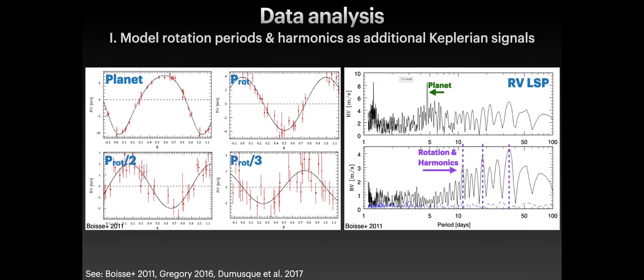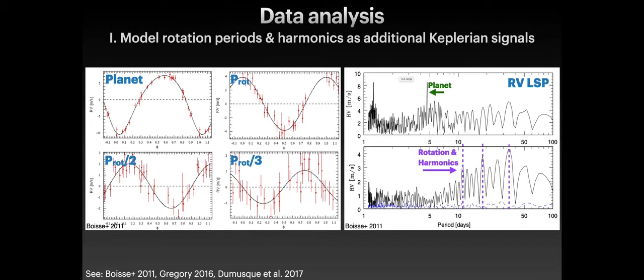And it's only after all 3 rotation periods have been modeled out as Keplerians that the residuals periodogram in the bottom goes from the initial black residuals periodogram, which is what's left over when you subtract out the planet, to the blue periodogram, which is what's left over after you subtract out the planet, the rotation over 2, and the rotation over 3 periods. And it's this blue residuals periodogram where we no longer have any significant features that we're concerned about.